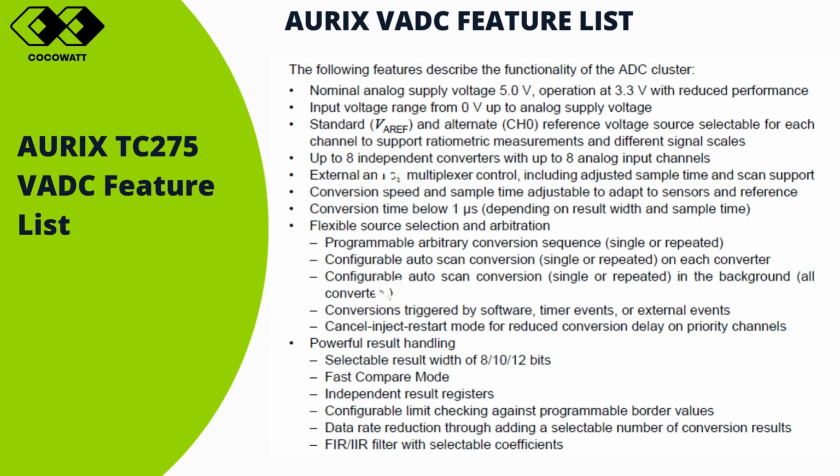It also supports external analog multiplexer control, letting you adjust sample times and scan settings to match your sensor needs. You can fine-tune conversion speed and sample time based on the sensor characteristics and reference quality. Some conversions can complete in under 1 microsecond, depending on the sample time and result resolution.